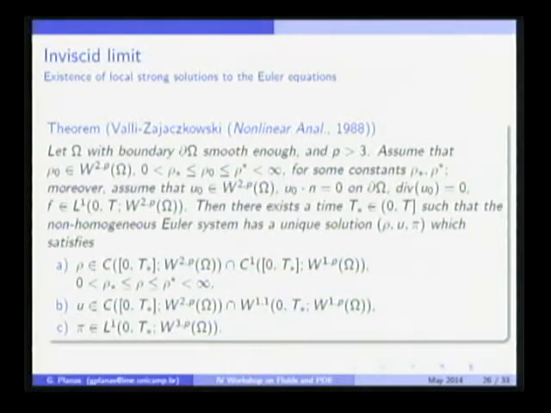Yes, it's bounded on both sides. This is important. In fact, we need to assume the same restriction on the initial density. The initial velocity is also in W^{2,p}. There exists a local strong solution which will belong to this space, a very, very regular solution.